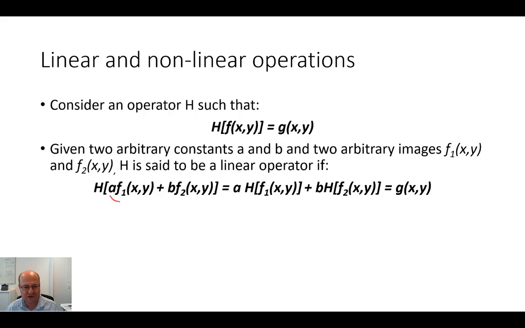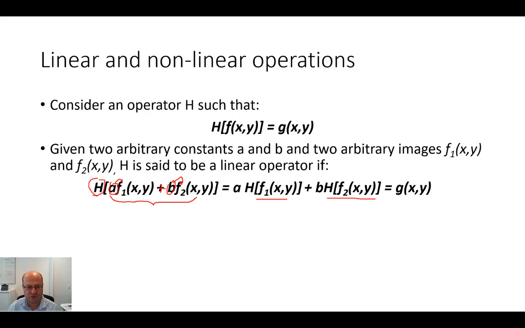This is a linear combination because I'm multiplying a constant to the function, then summing one function to the other and multiplying another constant to the other function. So applying this operator to this expression is the same thing as applying the operator to each function.